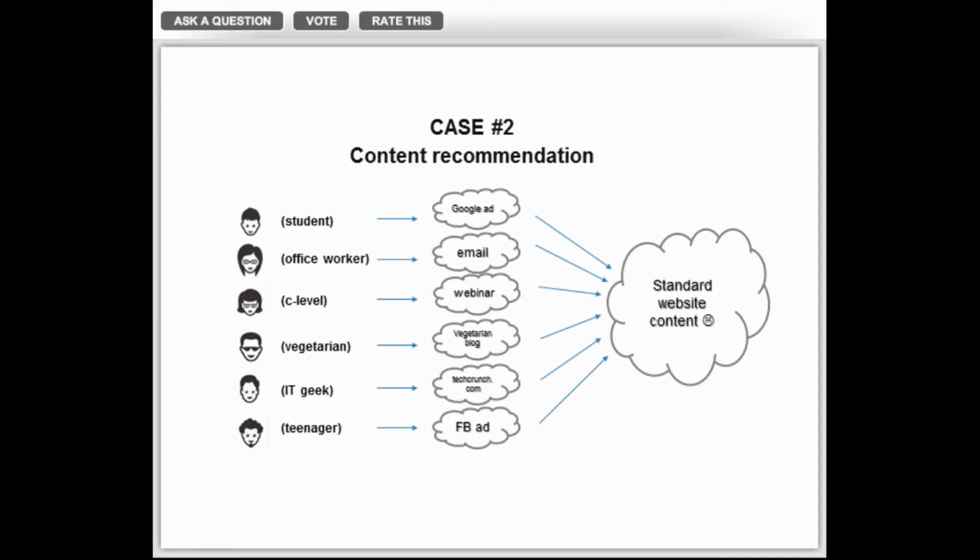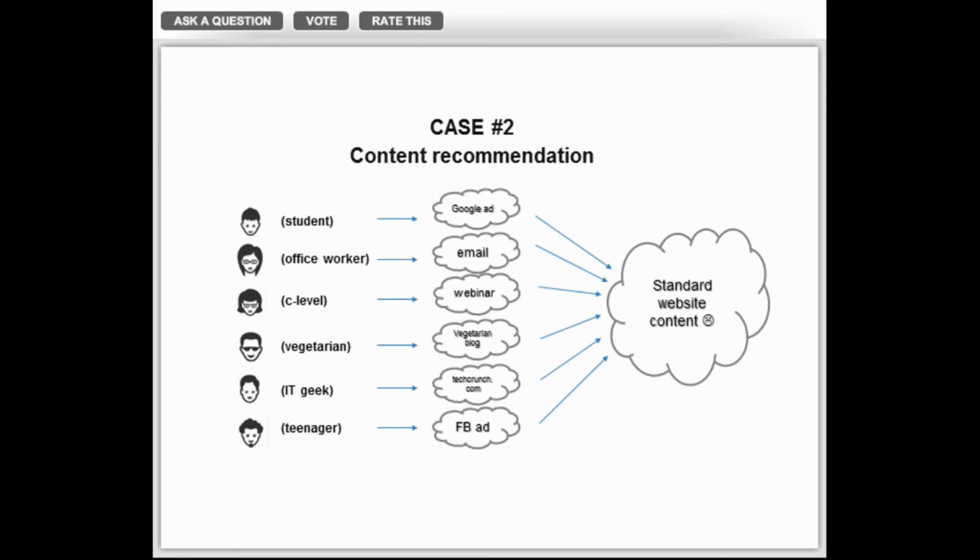So you would target different messages, show different images to different people. Some of them from Facebook, some of them from Google, some of them from some blogs, and those would be totally different people: students, C-level executives, office workers, vegetarians, IT geeks, and they all have different perceptions of information.